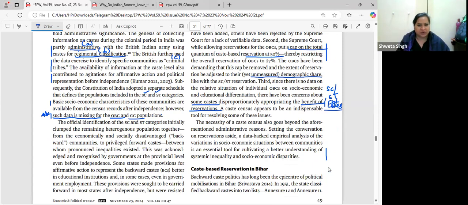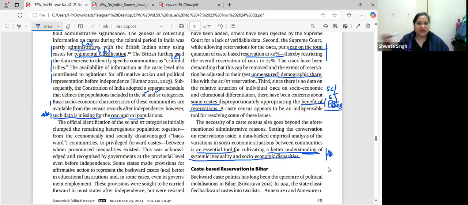Further, you will see it's talking about the same data-backed empirical analysis between communities. So why is this data required? It is an essential tool for cultivating a better understanding of systematic inequality and socio-economic disparities. When you have a better understanding, it will facilitate policy designing and implementation.